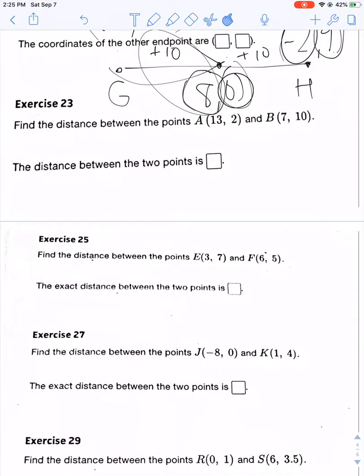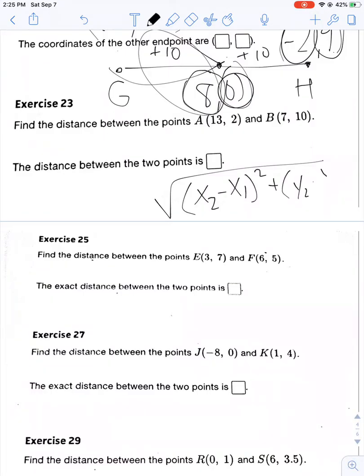Distance. Okay. The distance formula is just x2 minus x1 squared plus y2 minus y1 squared, and we get to pick the x1 and the y1. Let's just go x2, y2, x1, y1, and we're going to plug in.